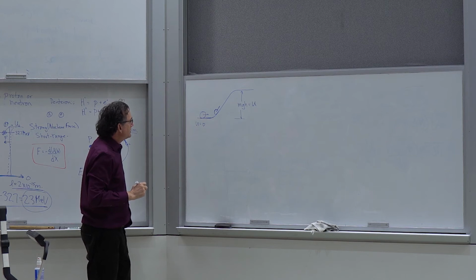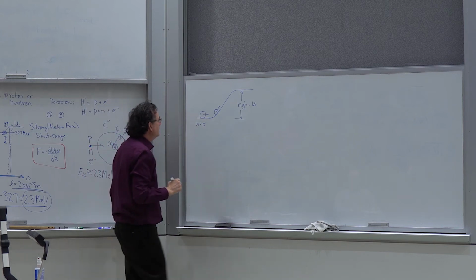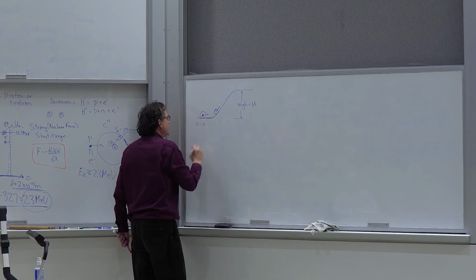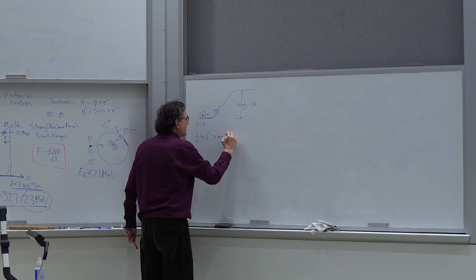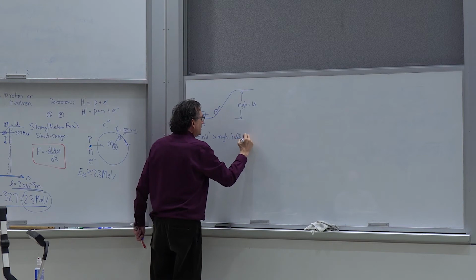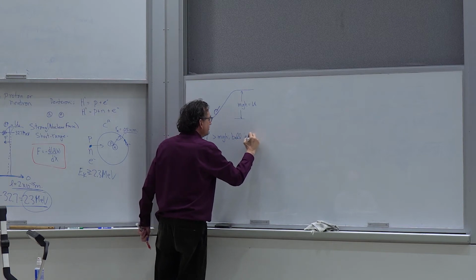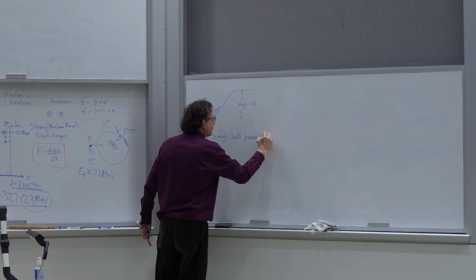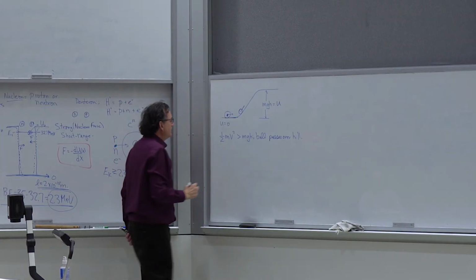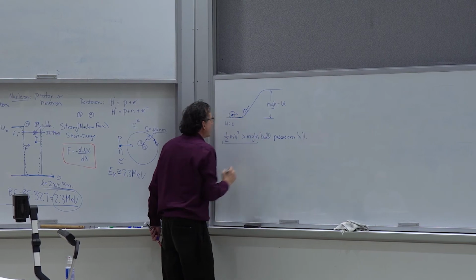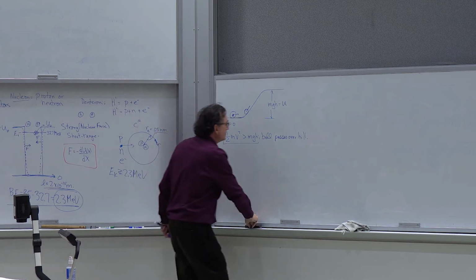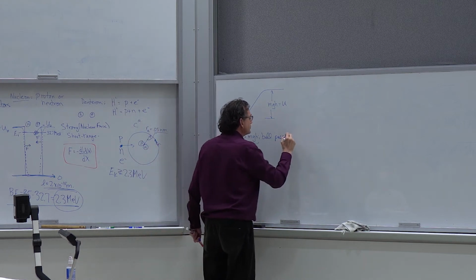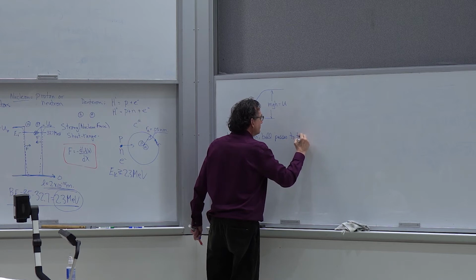And so the criterion that the particle can make it up over the top of the hill is that if the kinetic energy down here, which we know is 1/2 mv squared, is greater than mgh, then the ball passes over the hill. That's in the absence of friction.